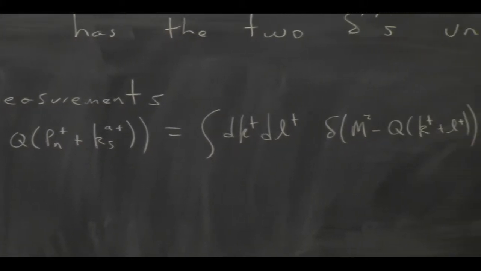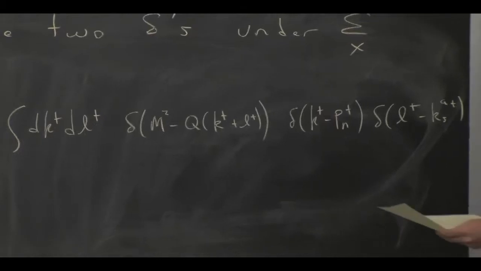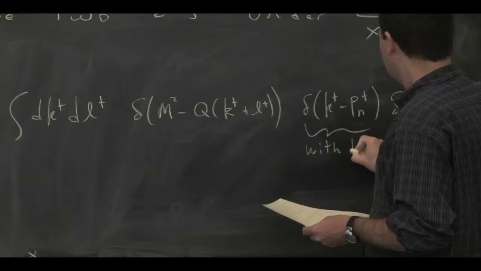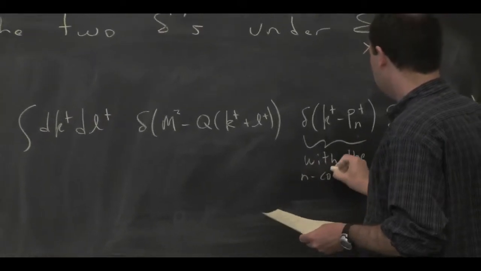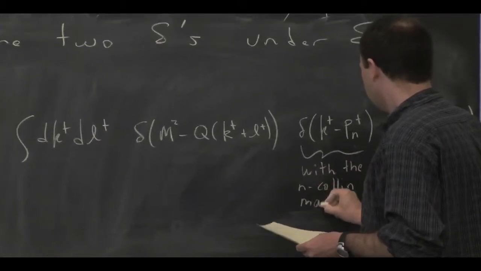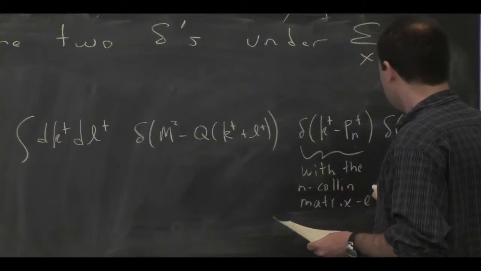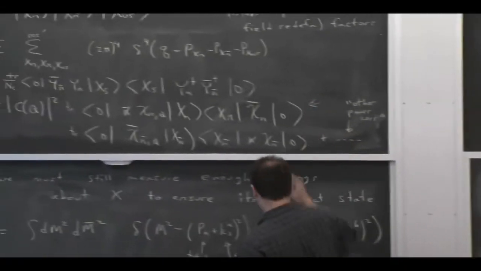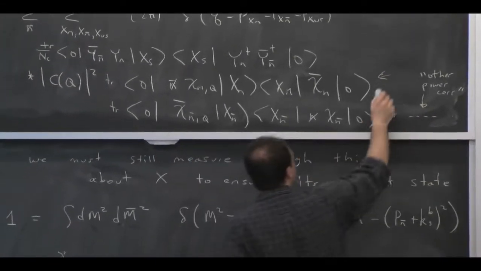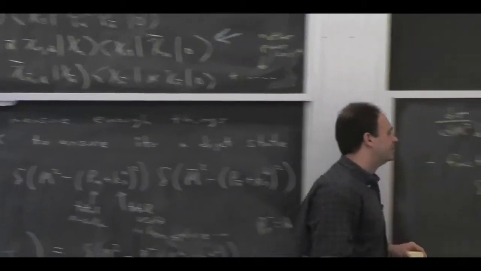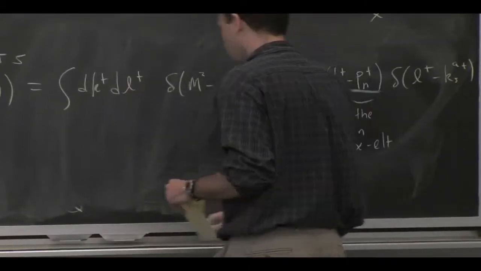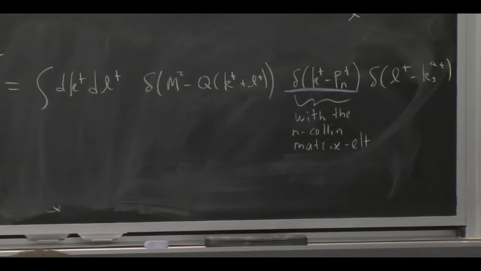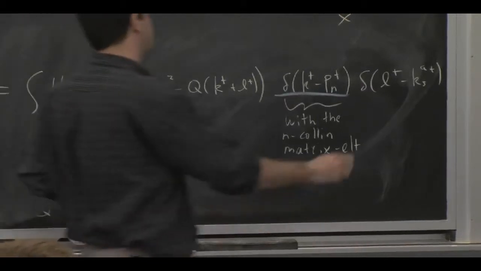Whereas Pn plus and KSA plus were momenta of particles in the state. So this guy can then associate with, put them together with the n-collinear matrix element. Right, which is this guy here. Forget what color he was. And then for the ultra soft, we can associate this delta function.